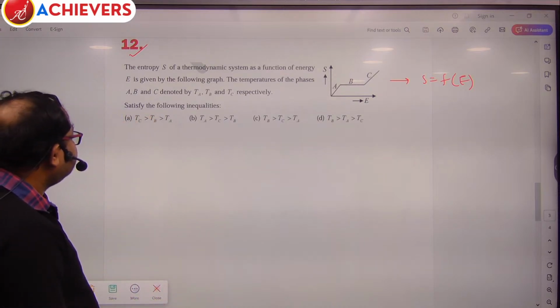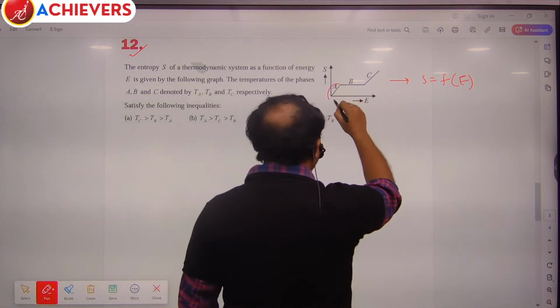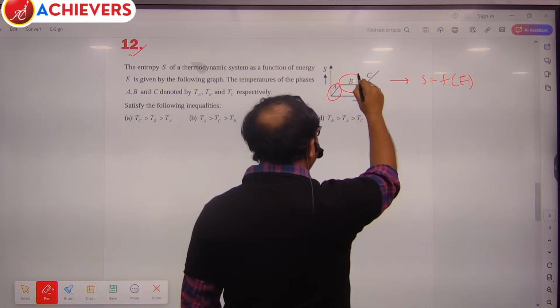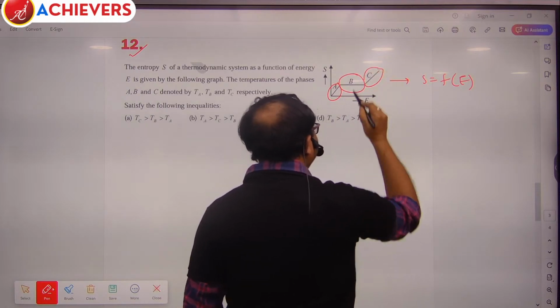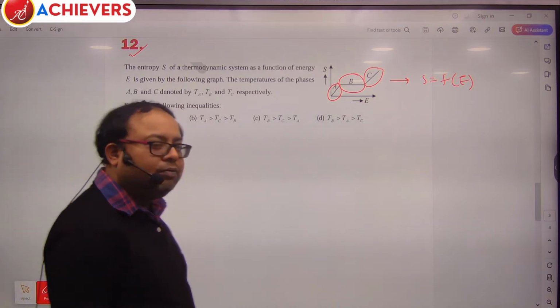Now, there are three phases. This is phase A, this is phase B, and this is phase C. Now, you have to calculate the temperatures of these three phases.